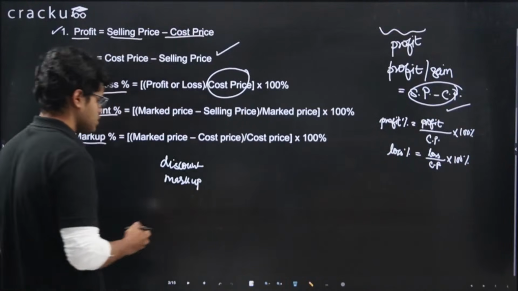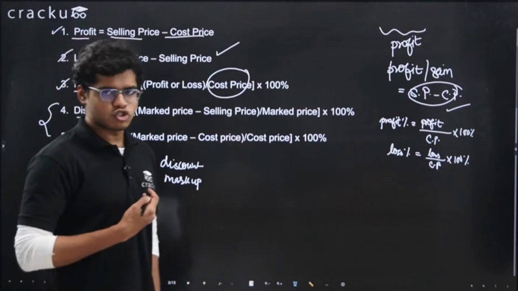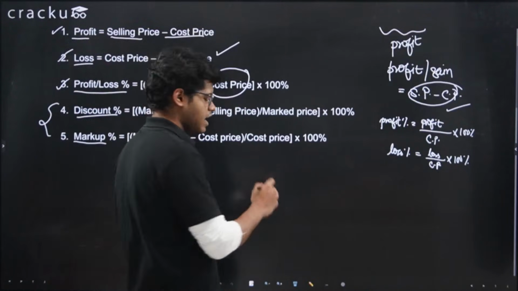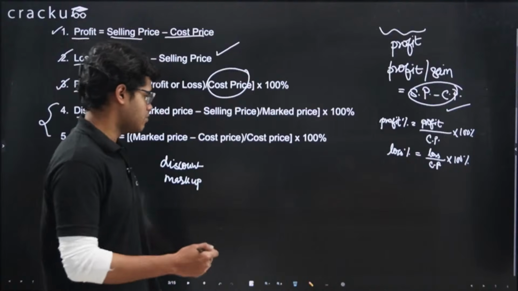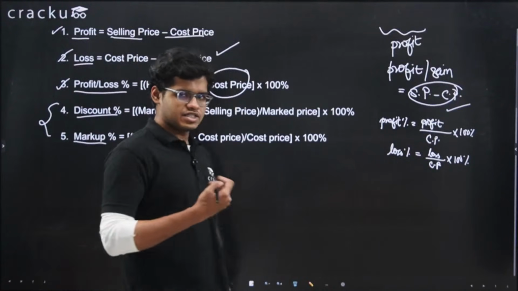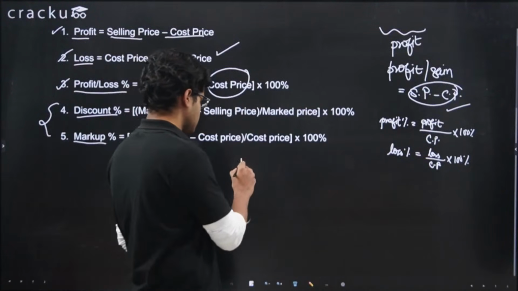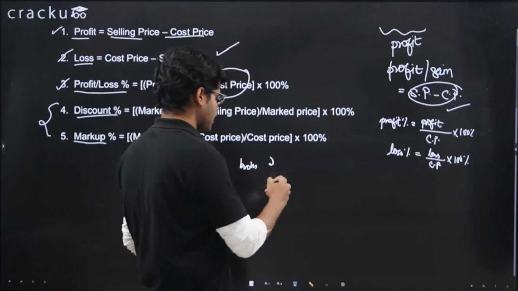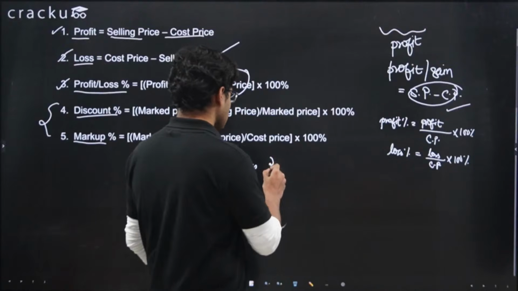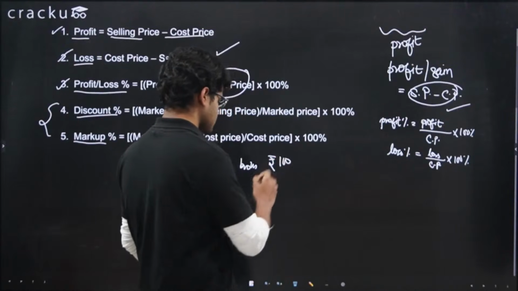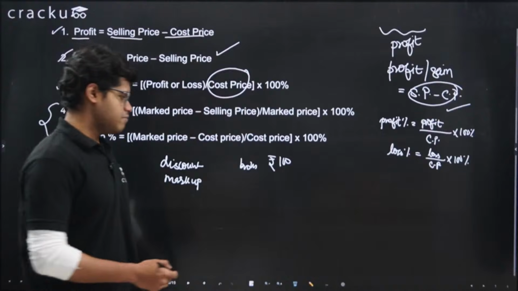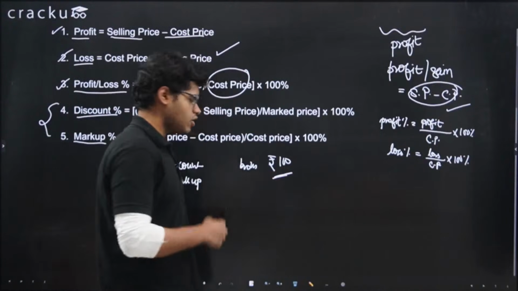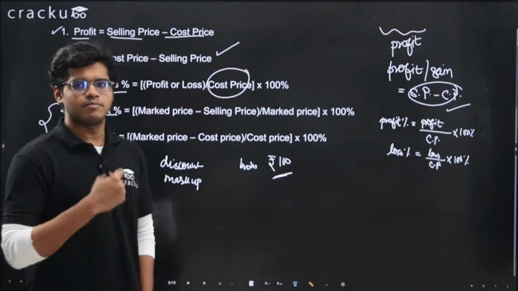So guys, suppose I am a shopkeeper. I have bought a certain number of articles. Let's say I am selling books, and I have bought books at a price of rupees 100 each. Now, I have bought at this price, but obviously I want to make some profit.